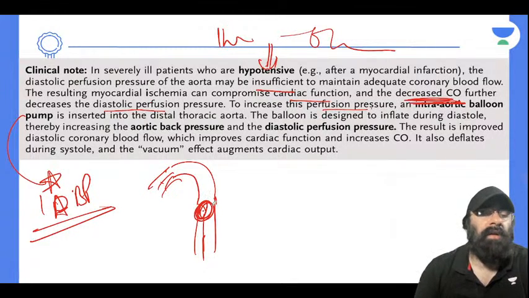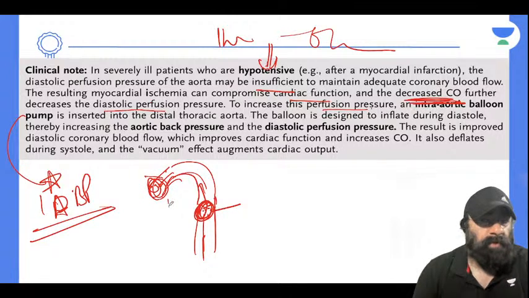Sorry, during diastole this balloon inflates. As it inflates in diastole, it will push some amount of blood back, so it will increase the diastolic perfusion pressure at the base of the aorta. So because of this intra-aortic balloon pump, coronary blood flow will increase.